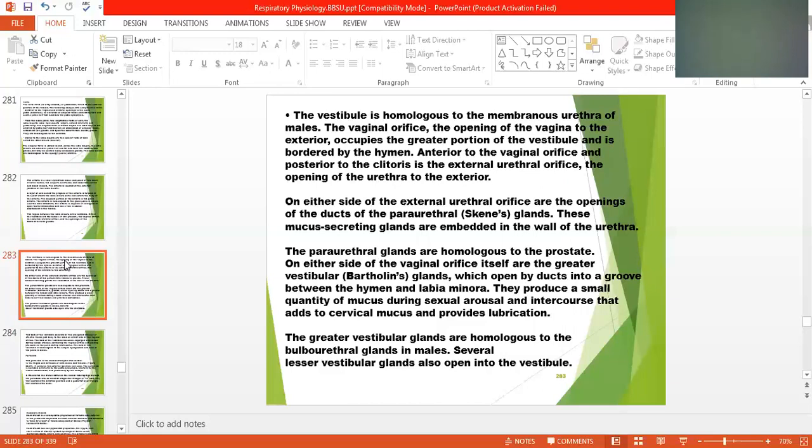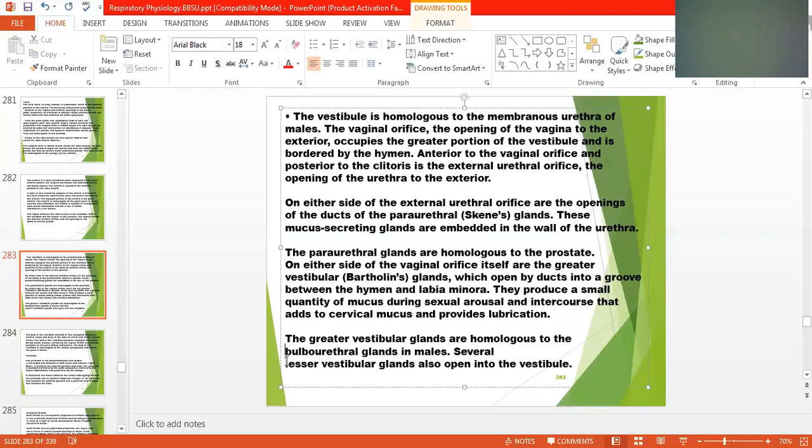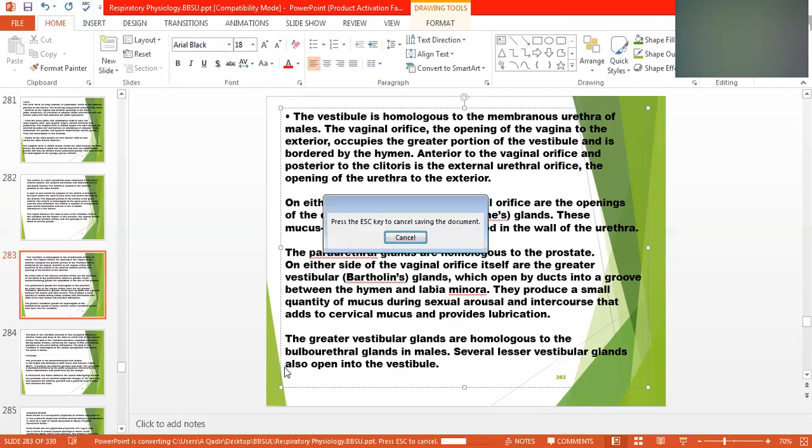They produce a small quantity of mucus during sexual arousal and intercourse that adds to the cervical mucus and provides lubrication. The greater vestibular glands are homologous to the bulbourethral glands in the male. Several lesser vestibular glands also open into the vestibule.